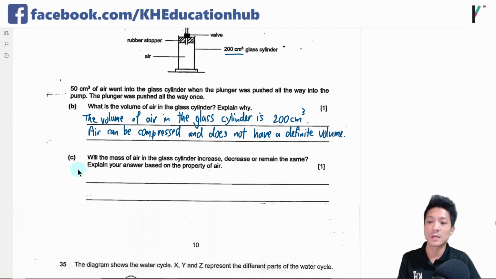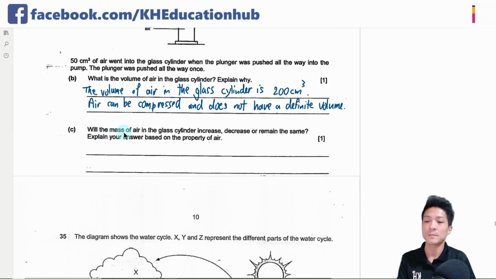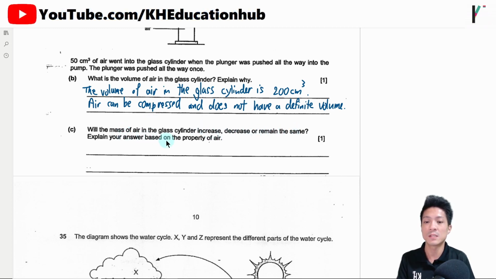Okay, so part C. Will the mass of air in the glass cylinder increase, decrease, or remain the same? Explain your answer based on the property of air.